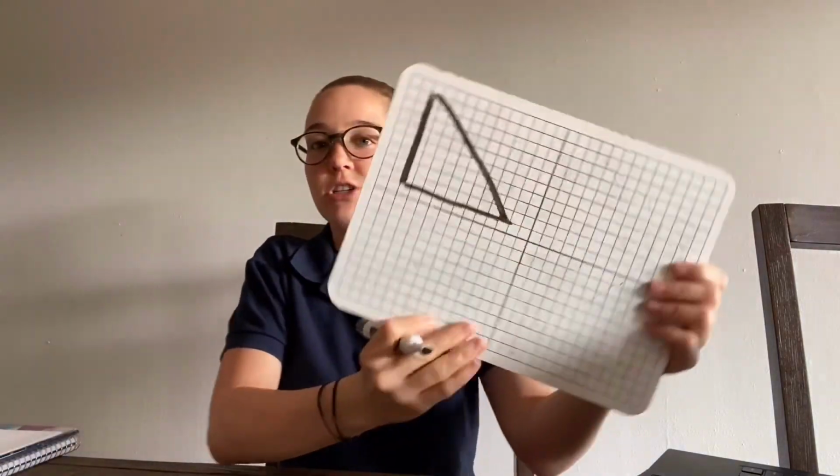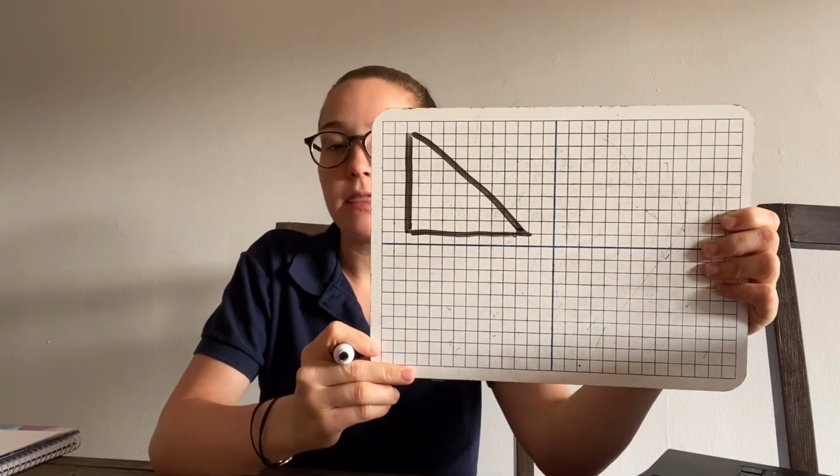So we're gonna start with a gridded example, because very often a triangle is given to us on a grid and we've gotta count that out. So if I'm using the grid here, okay, and I have this triangle here, I've got to talk about the base and the height.